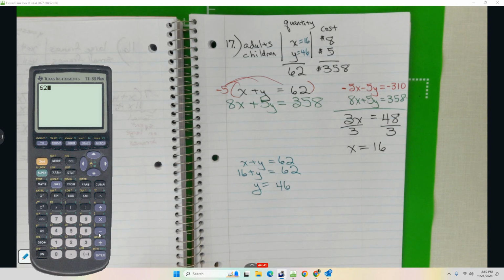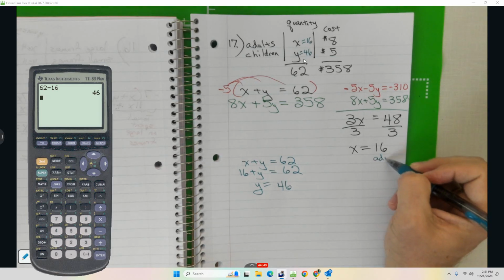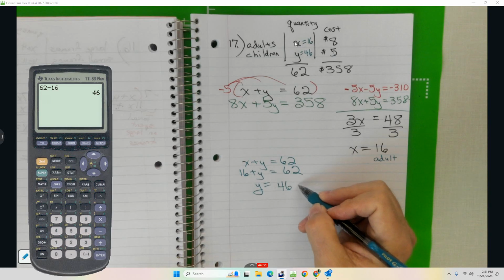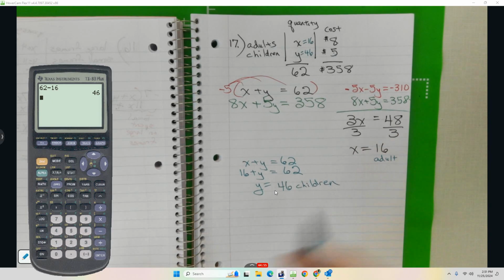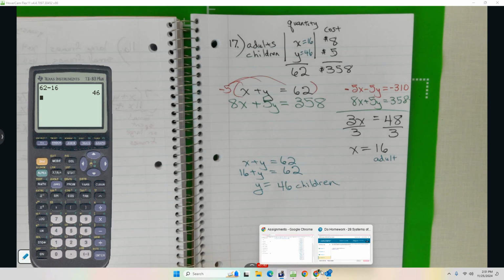If there were 62 tickets total, there were then 16 and 46. They could do that just by logic once they know that, rather than algebraic. Any questions there? So 16 adult, 46 children.